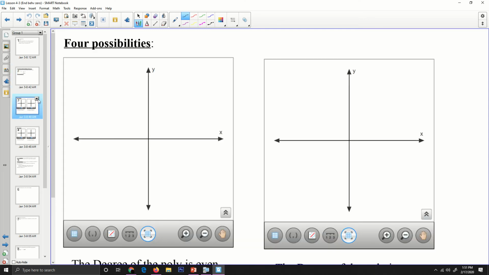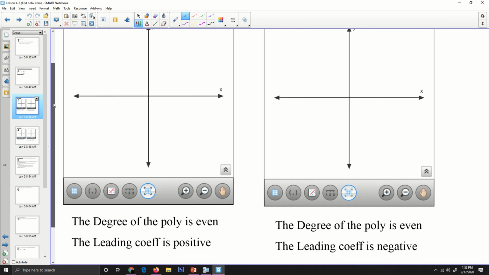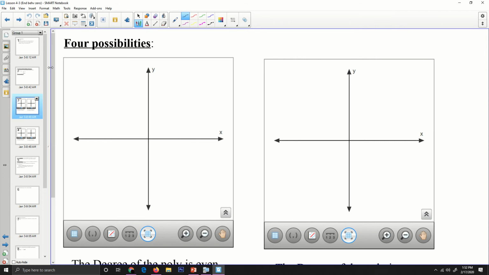But from that, we have 4 real possibilities. And so what we look at when we're talking about these polynomials is we're going to look at the degree of the polynomial and we're going to talk about the leading coefficient. So if the degree of the polynomial is even and the leading coefficient is positive, then we know something about the end behavior.